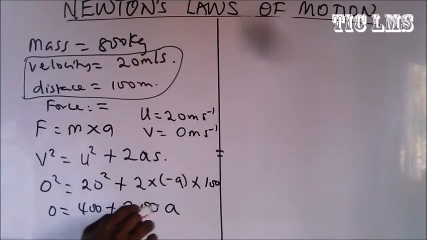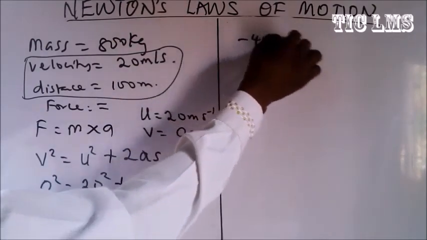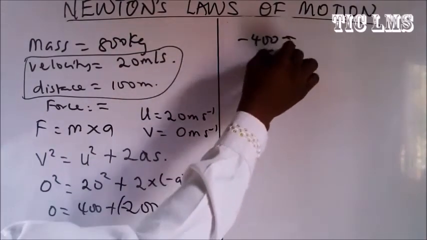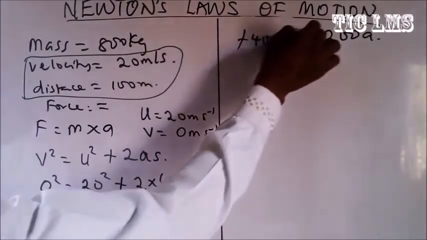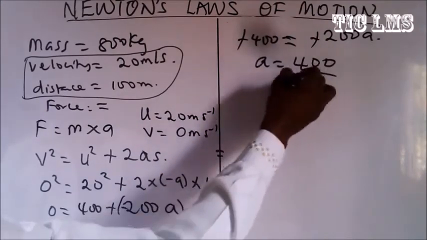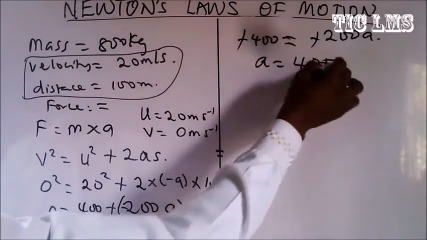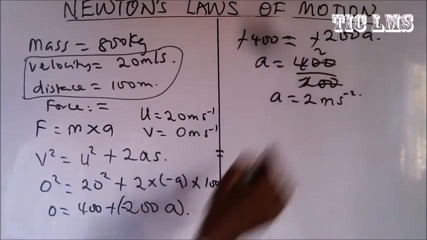Then do not forget that we have a negative in front of this. We bring this 400 over here and it becomes minus 400 equal to minus 200a. Now, minus cancels minus and we have a equal to 400 over 200. This cancels out and we have 2. So the acceleration is 2 meters per second squared.